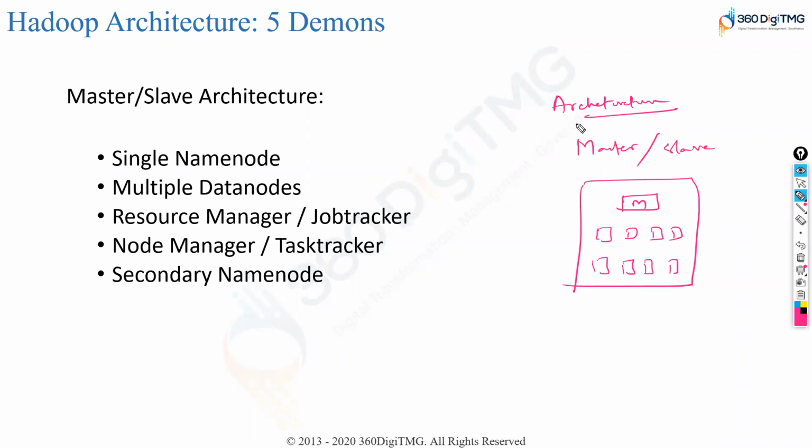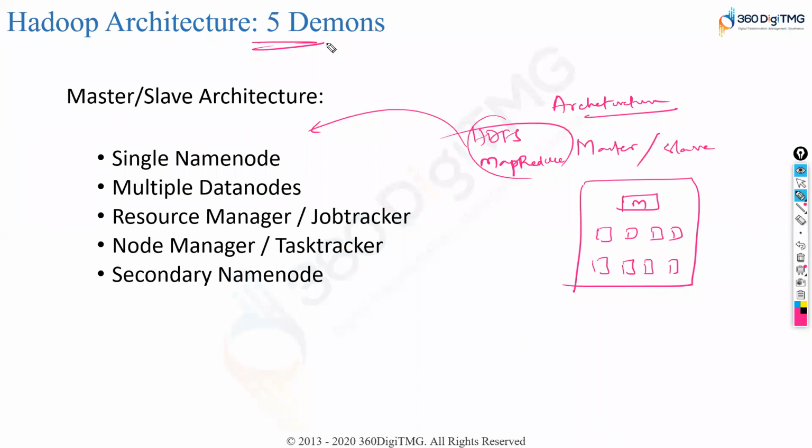Now, this master-slave architecture and the components are basically supported by the Java services which run in the backdrop. Background Java processes. And we call them daemons.